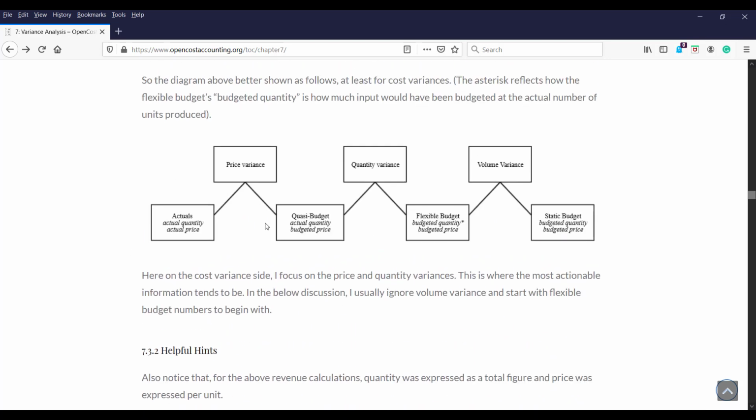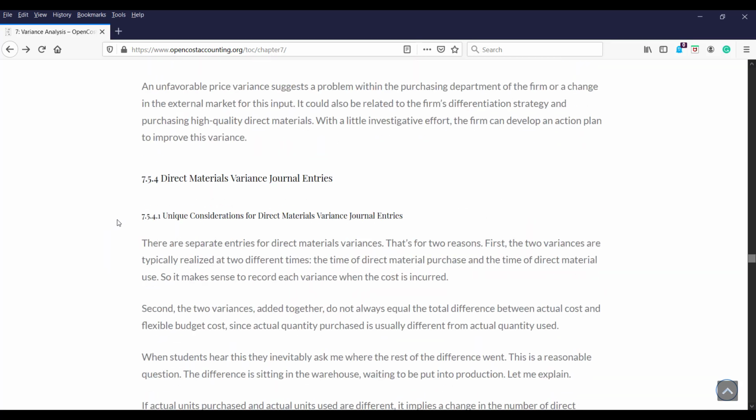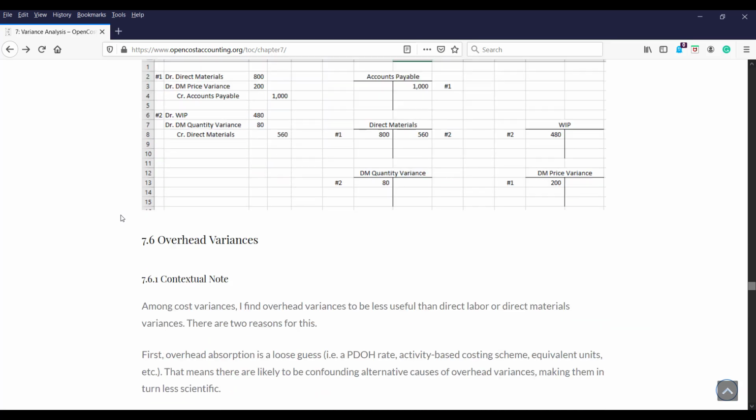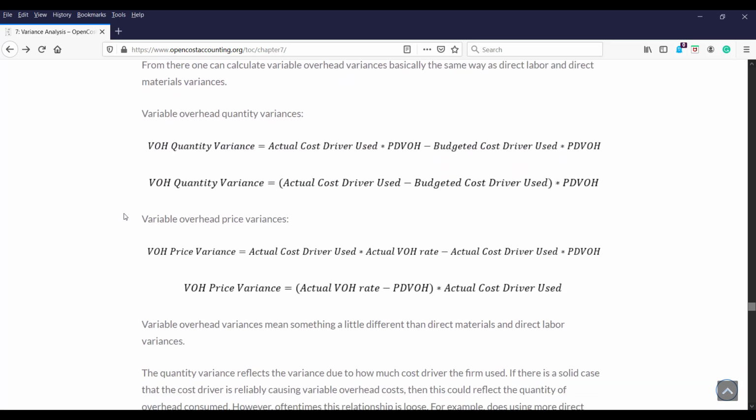There it is, all the way up there. They don't vary by volume, and so our actual quantity and the actual cost of our fixed cost is likely to be very similar in these three numbers here. And so we're going to need to have a different paradigm of what we're getting out of our fixed overhead variances.